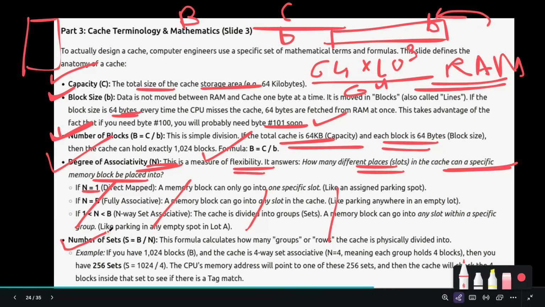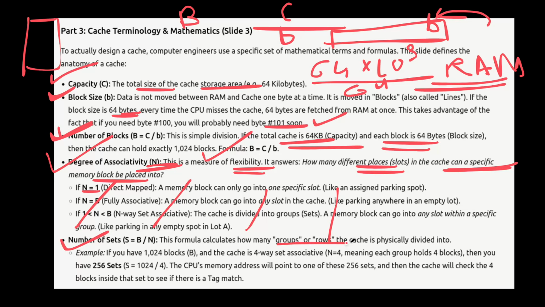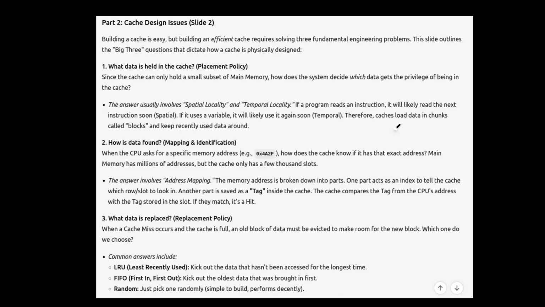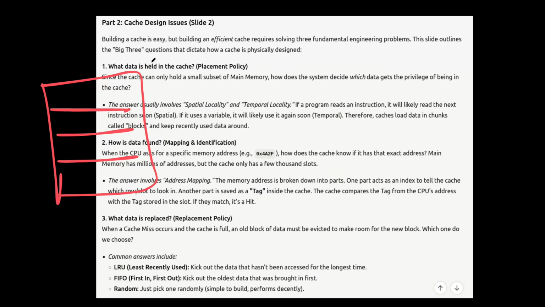Now the number of sets means how many groups or rows the cache is physically divided into. You have to understand here, I can divide the cache. Let's consider one example. This is my cache. Now I am dividing this cache into two groups, this has two blocks, this has two blocks.